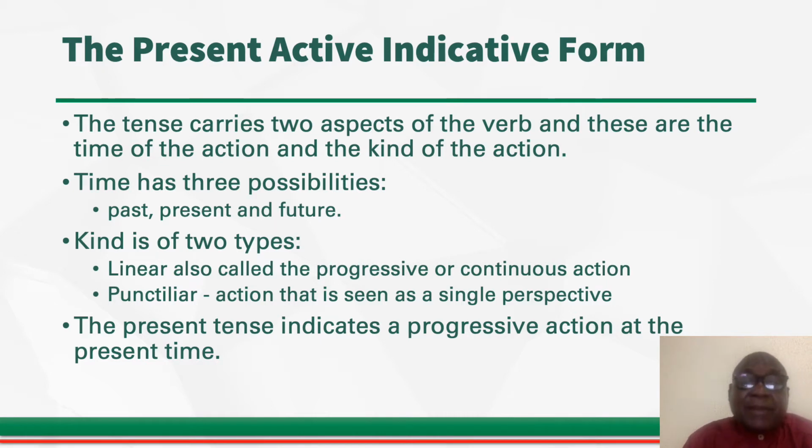And when we are talking about the kind of action, we are talking about two types: the linear, which is also called the progressive action or the continuous action, and the punctiliar, an action that is seen as a single perspective. Now, the present tense indicates a progressive action at the present time.